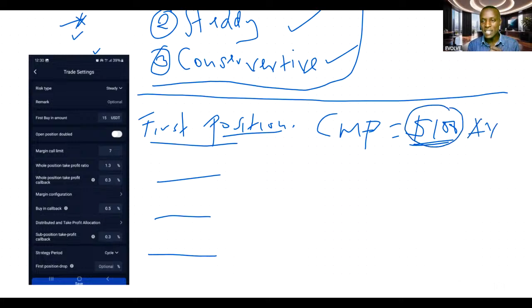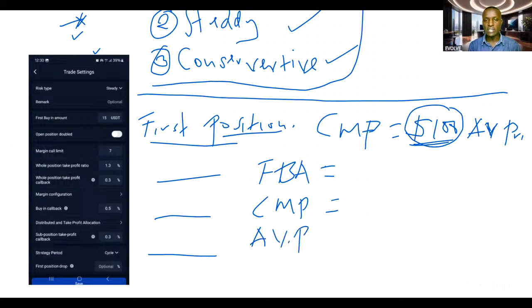These are simple terms that I need you to take note of. Average what? Average price. So I've already mentioned first buy in amount. I believe everybody knows that. I have mentioned the CMP, current market price. I have mentioned average price. Average what? Price. You should know the meaning of this.